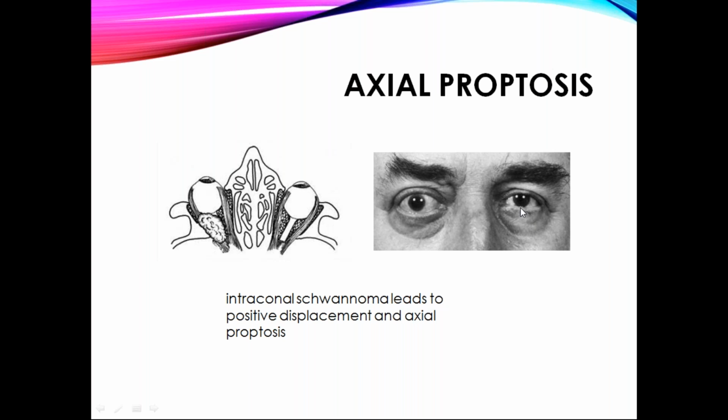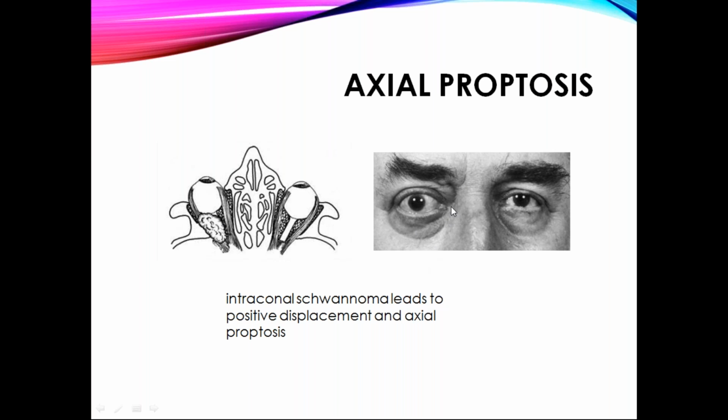Normally the lower lid margin has to touch the limbal border. You can see in this eye here, there is a gap between the lower limbal border of the cornea and the inferior margin of the eyelid. So this is nothing but an example of axial proptosis. Something is pushing behind the eyeball and the eyeball is moving forward.